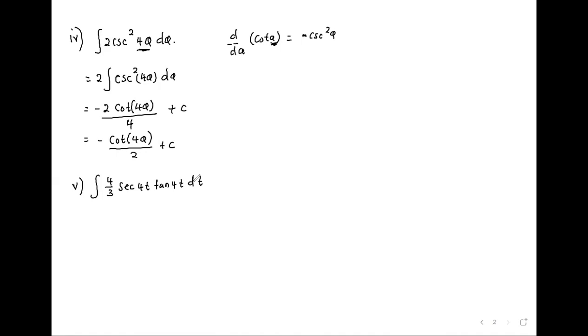So there's just an error there. It can't be dx, it has to be dt. So here, again, we take the 4 over 3 outside and keep this.